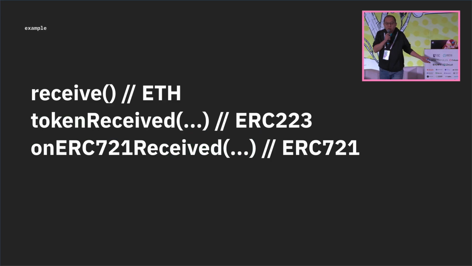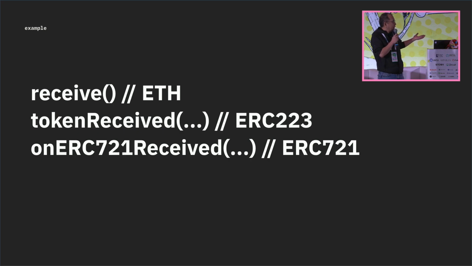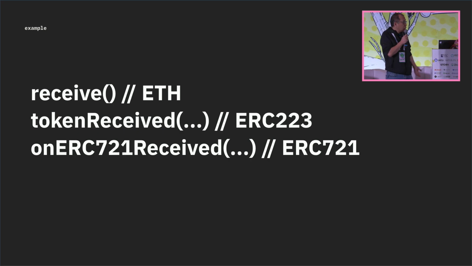Which means in your smart contract, have those functions: receive for ETH, token received for ERC 223, on ERC 721 received for NFTs. Unfortunately, there's no catch-all for ERC 20. So if someone sends you ERC 20 tokens, they are screwed.